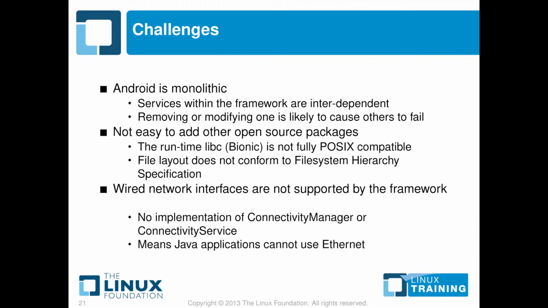Also, the file system layout they're using is not fully FHS, file system hierarchy specification compliant. And again, that makes it difficult to integrate code. And then there are some other nitty-gritty issues, like it doesn't handle Ethernet particularly well, and the networking layer is its own particular thing. We're not going to go into that, but just be aware of it.